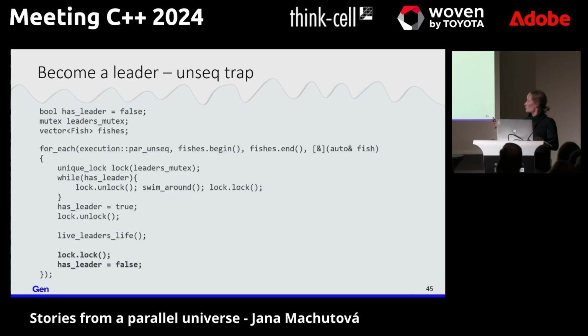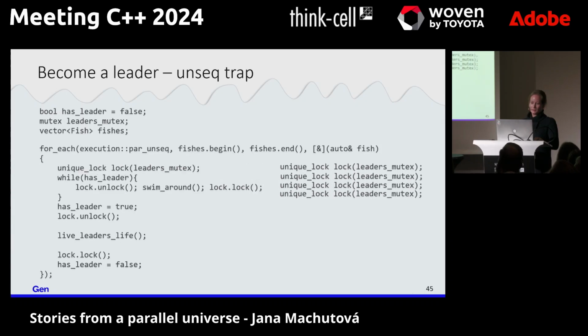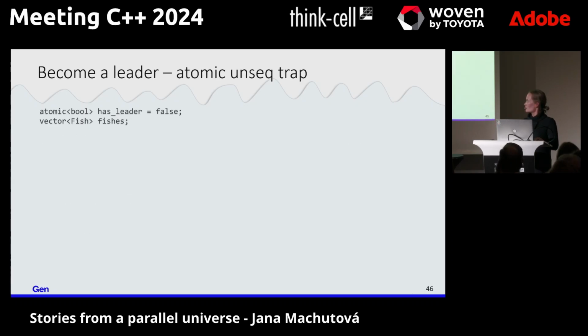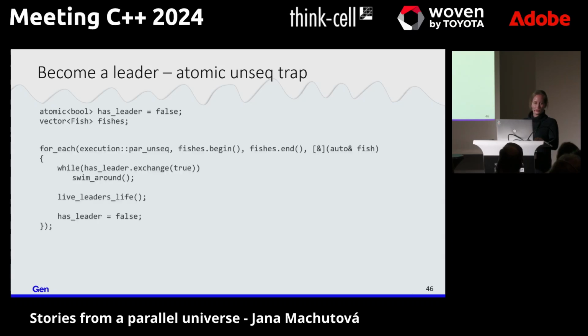So even though we locked it, what will happen in par_unseq? Multiple locking for the single thread. Yeah, not really good. But maybe we can solve it with atomics.